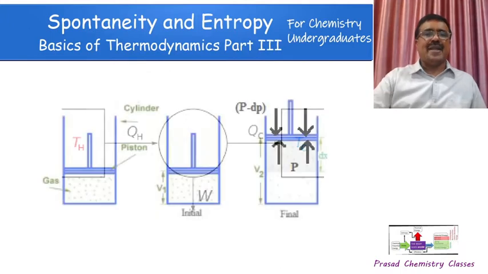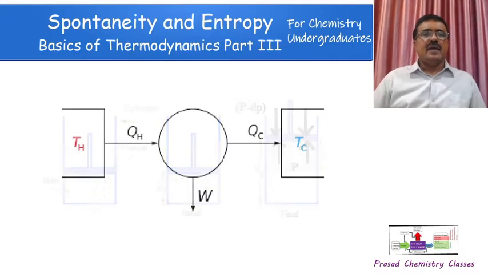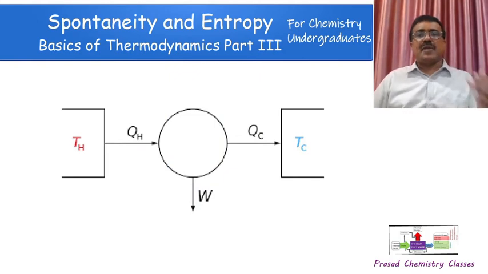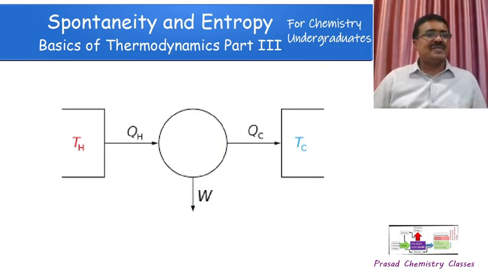what we call entropy. And we can introduce the concept of entropy using our Carnot engine and Carnot cycle. In the Carnot cycle, what is happening? Heat is absorbed from a higher temperature reservoir, does some work, and the excess amount of heat is liberated to a reservoir at a lower temperature, or a sink.